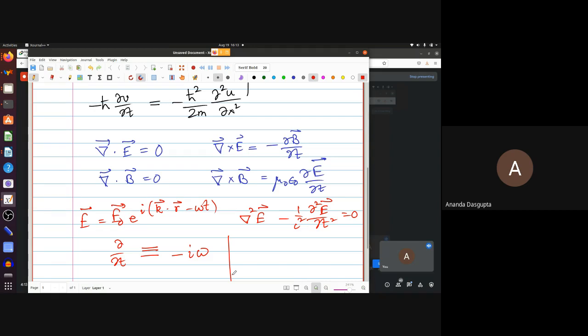Of course, it's not literally minus I omega, but as far as exponential functions of this kind are concerned, doing a partial derivative with respect to t and multiplying by minus I omega are exactly the same thing. And what about doing a grad? What will del x be? Let's get that first.